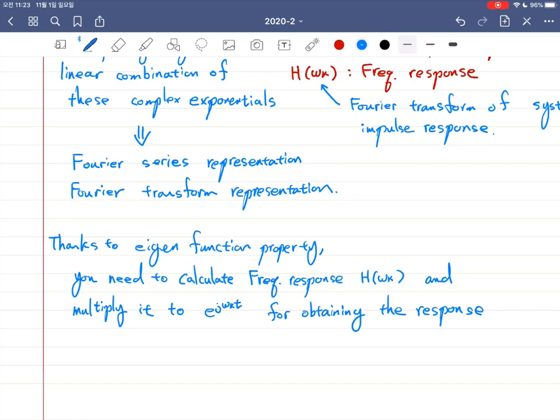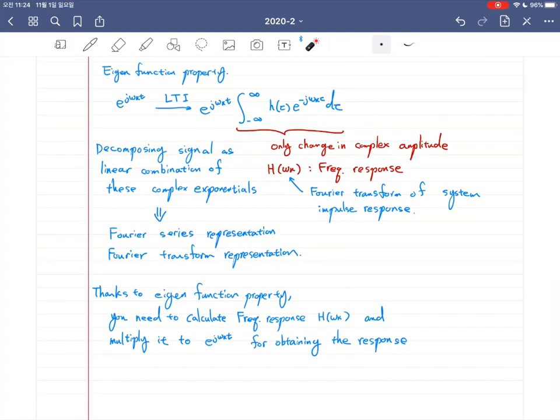So this was the review for our continuous time case for the Fourier series and Fourier transform, and also the basic motivations. And now we're gonna do it for the discrete time case. As I have told you before, many things will be similar to the things that we have done for continuous time.